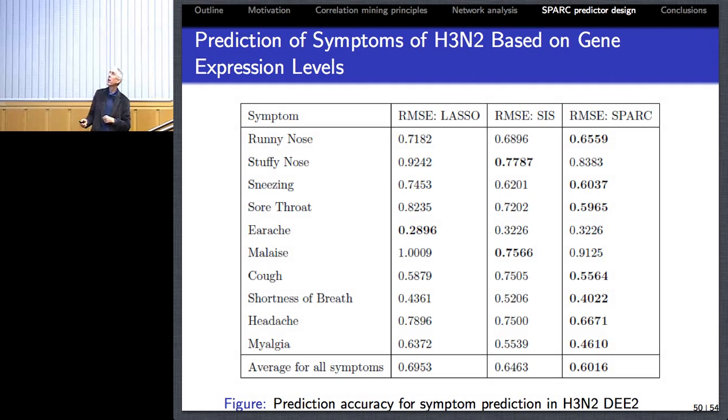But the important thing is that when you use this new method, you reduce the error by 15 to 20% simply because we're able to sample smartly and not devote our resources to sampling biomarkers that are not predictive. We find out which ones are predictive first, and then we sample.